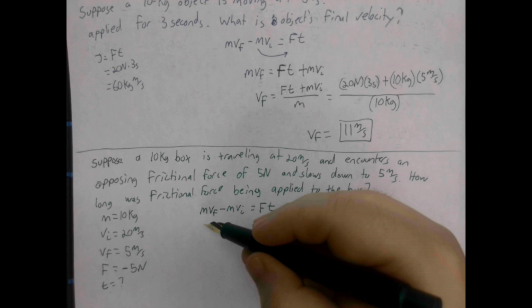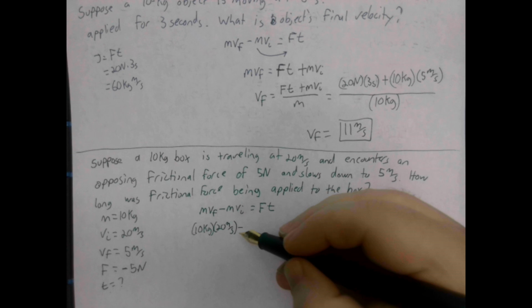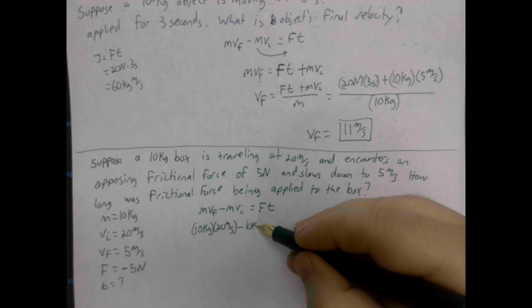So this would be 10 kilograms times 20 meters per second minus 10 kilograms times 5 meters per second equal to negative 5 newtons times time. 10 times 20 is 200 kilogram meters per second minus 10 times 5 is 50 kilogram meters per second.